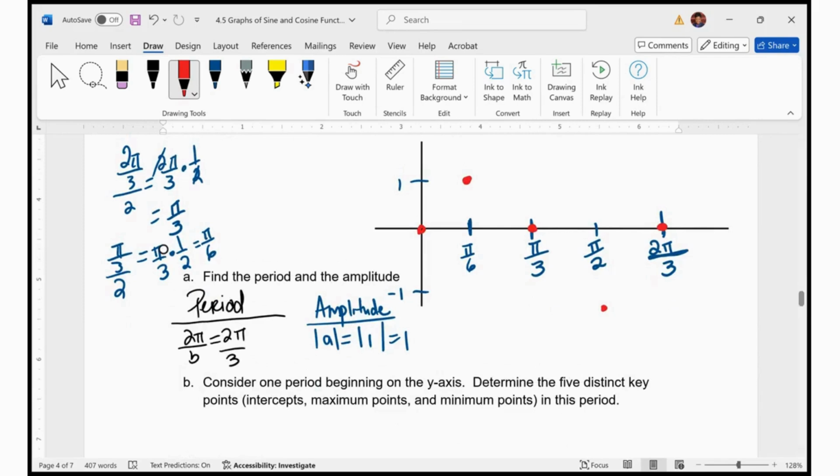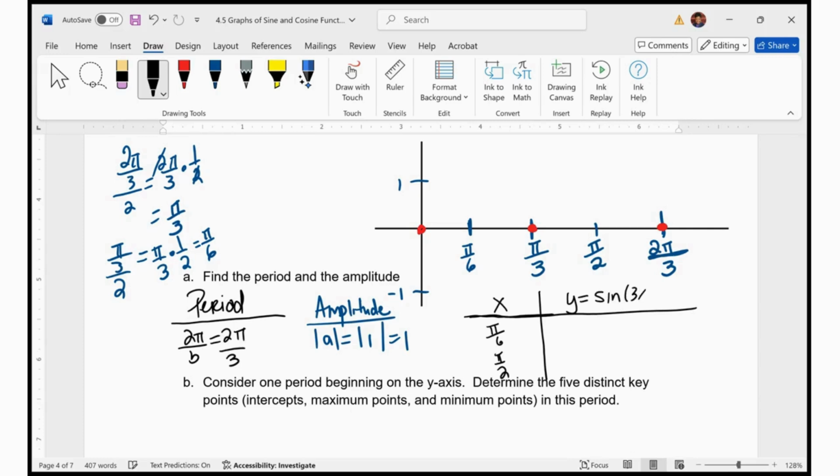All right. So for example, let me do a little table for all the points that, let's say, we were unsure about. Let's say that was x, and we want to know at pi over 6 what's going on, and at pi over 2 what's going on. Now the function is f of x or y equals sine of 3x.